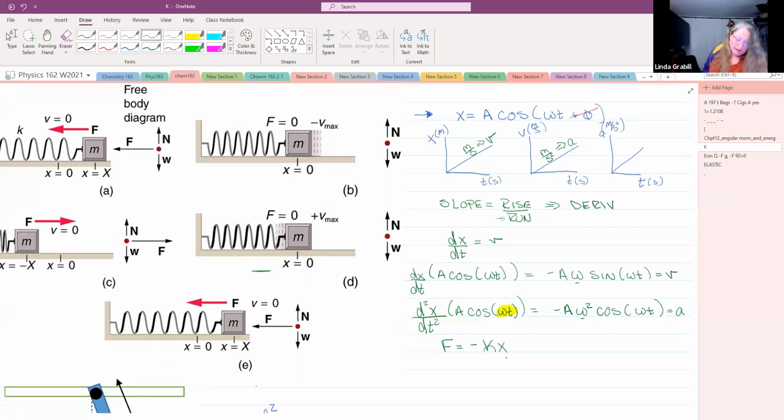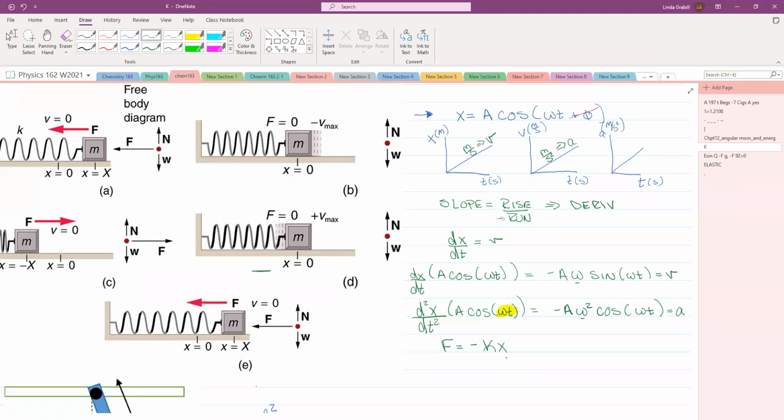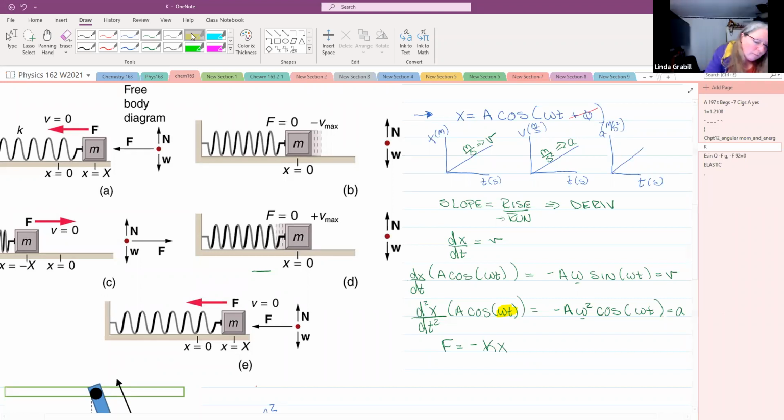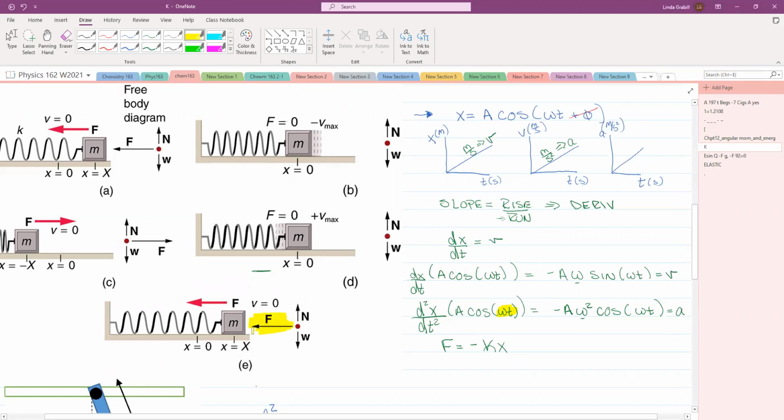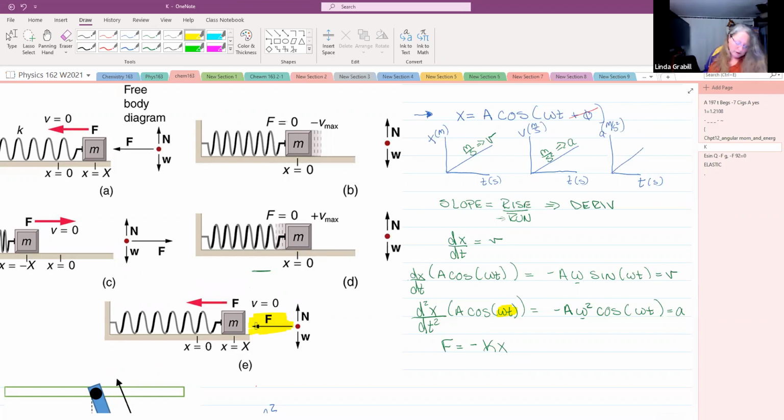And how do I know that? Because the block is moving in one direction or another, or rather accelerating in one direction. Just remind ourselves that if I have a force going in one direction or the other, then that means I have an acceleration, because the only way I have a net force of 0 would be if I had some other force equal and opposite.